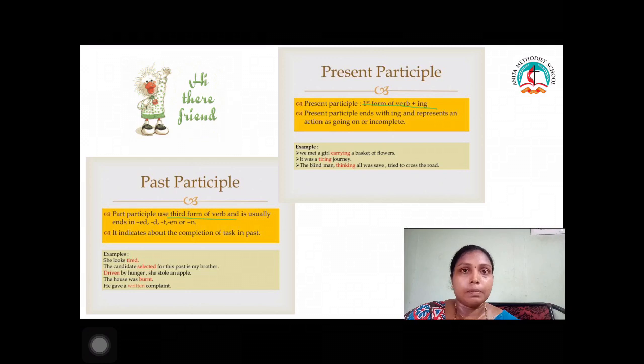In past participle, it talks about the third form of verb ending with ed, d or en, and the action is completed in the past. Again, I repeat, in the present participle, the action is not completed. In the past participle, the action is completed in the past.